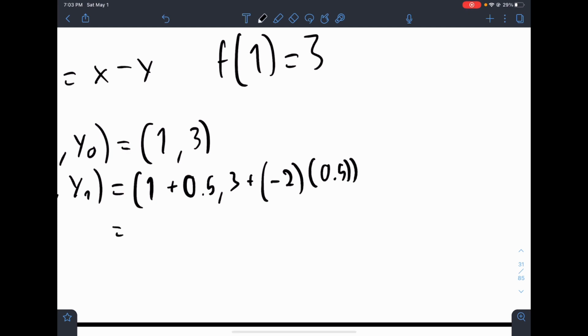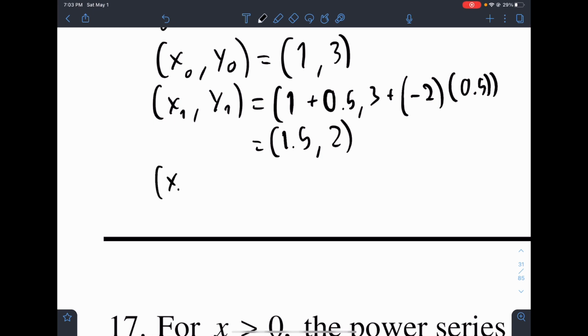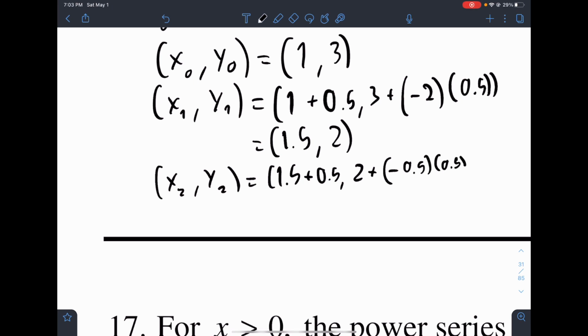So let's simplify this a little bit. Let's make it 1.5 here. Negative 2 times 1/2 is negative 1. So 3 minus 1 will just be 2. Awesome. So x2, y2, that's going to be equal to 1.5 plus 0.5. And then 2 plus dy/dx again. 1.5 minus 2 this time is negative 0.5 times 0.5.